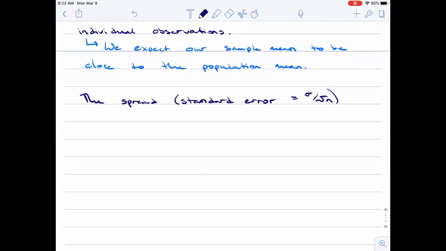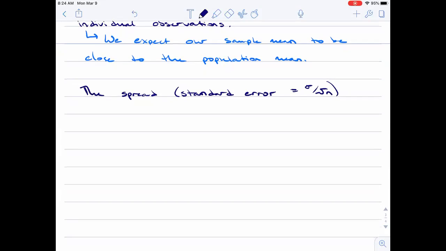Because if we think about what sample size does for our sample, the larger our sample is, the more confident we can be in that estimate being close to the population mean. And so if we're taking a large sample, then our standard error is going to be small. We're dividing by root n, and so our spread is going to be quite small.